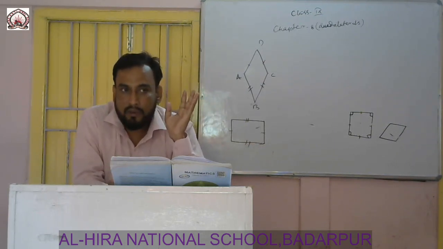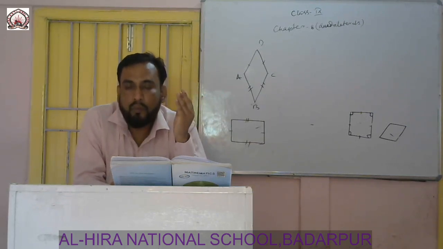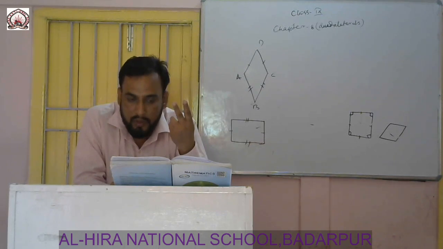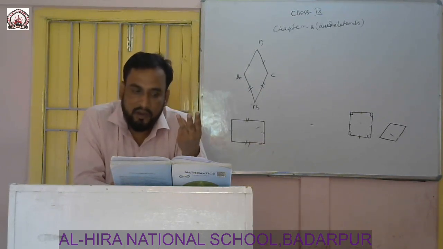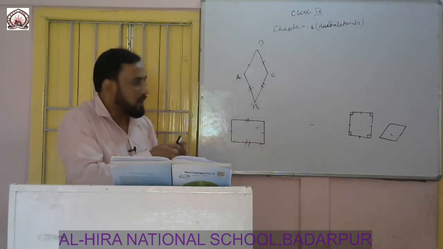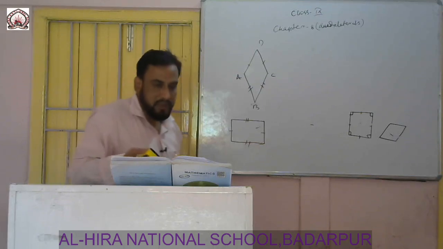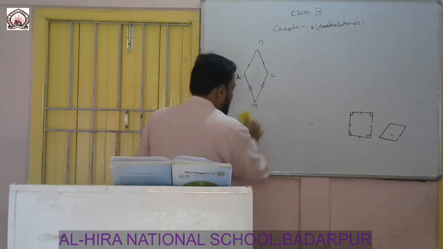One is what is given. Number 2 is what is to prove. Number 3 is construction, if necessary, and number 4 is proof. Now we are starting to prove theorem 8.1, page number 162.